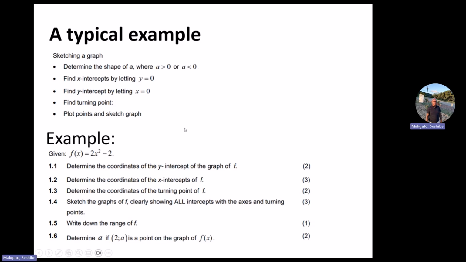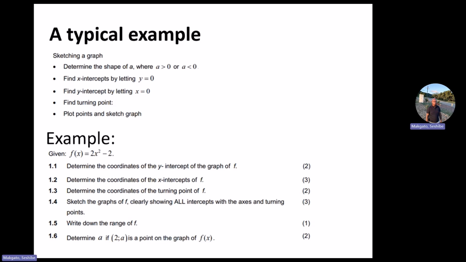Of course, we'll start with simple examples, and in maths you normally start with simple problems, and as you build up confidence in how to address them, it will get a little bit more complex, dealing with multiple functions at the same time.